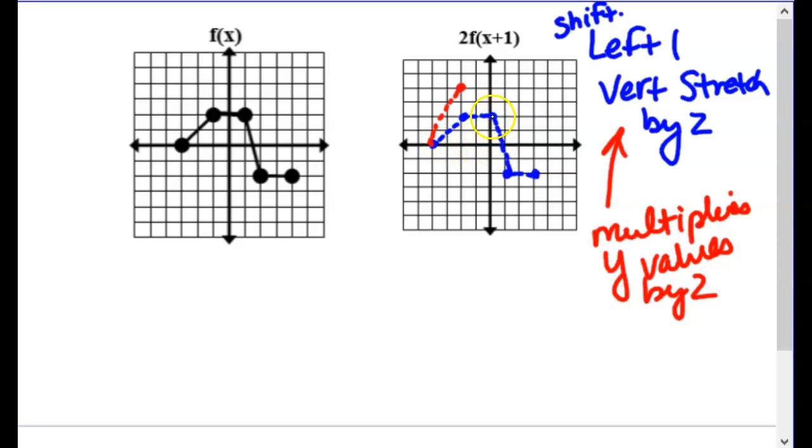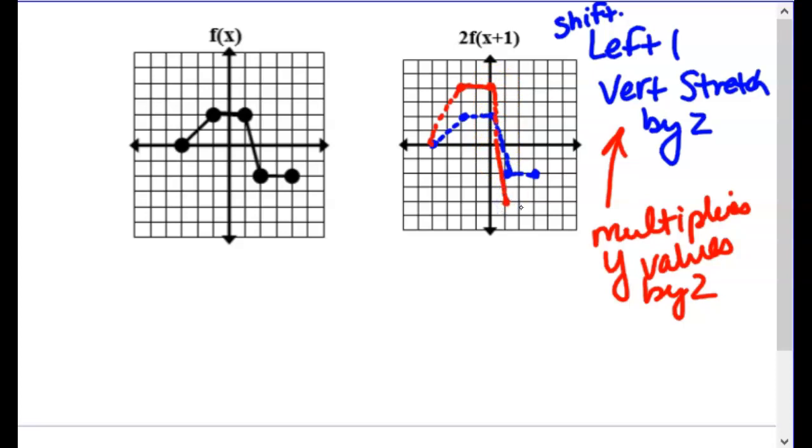This dot right here is at 0, 2. When I double it, yes, because I moved it left. It's at 0, 2. When I double it, it's now at 0, 4. But what happens with this dot down here? This is at 1, negative 2, so it's going to go to 1, negative 4. And I won't be able to draw that line straight.